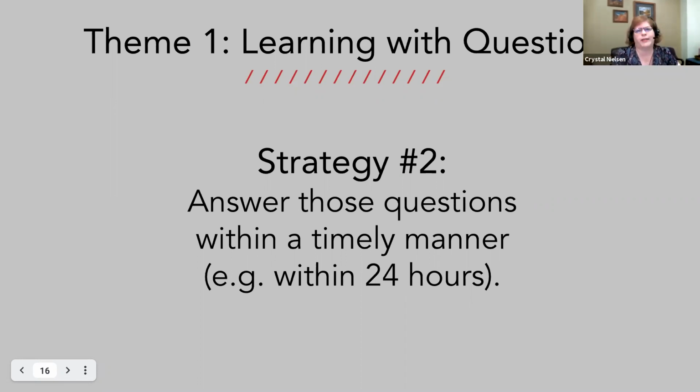And so providing that feedback to their questions right away is a big, big factor in keeping them engaged. In one computer science course, students knew that within 24 hours of the lecture being published, the instructor would respond to any posted questions. So that made them more motivated to watch the lecture and then ask their questions in a timely manner.